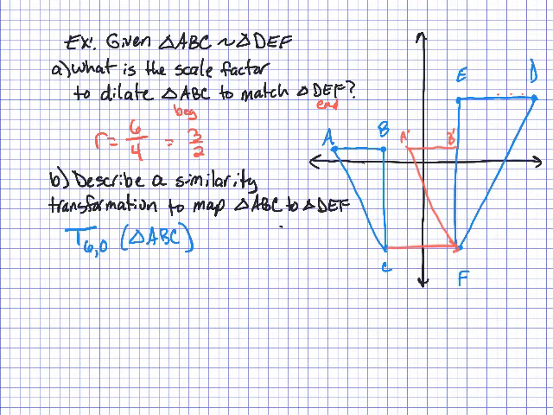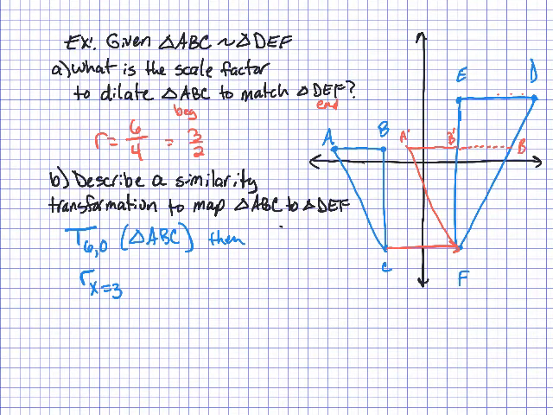The next thing I'm going to do is reflect over line EF. If I look on the coordinate system, that is the line x equals 3. So I'm going to reflect over the line x equals 3. And once I do that, now here's my new triangle.